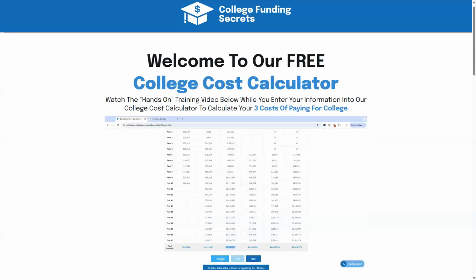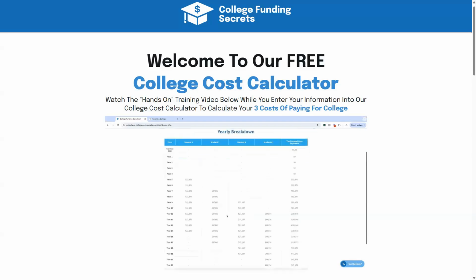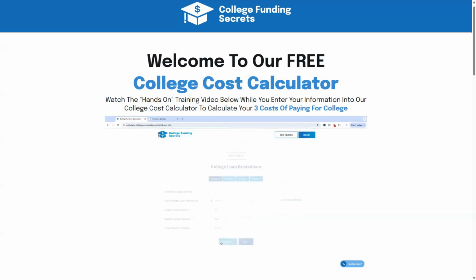So now let's go back to our calculator, and let's just say that we could earn 6% on our retirement, okay? And let's just say that we could potentially borrow money at 5%. Now, again, we can show you ways to reduce the college loans and loan payments and where you can find loans as low as 5%.